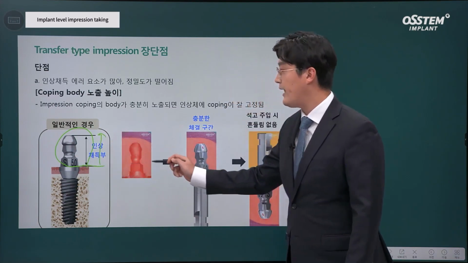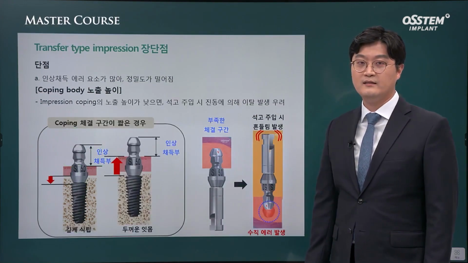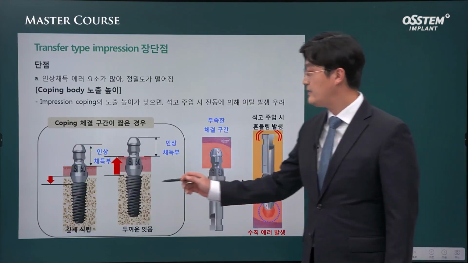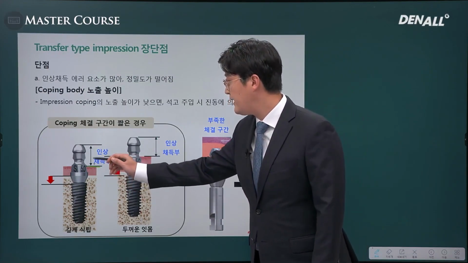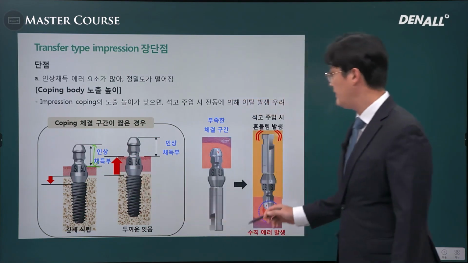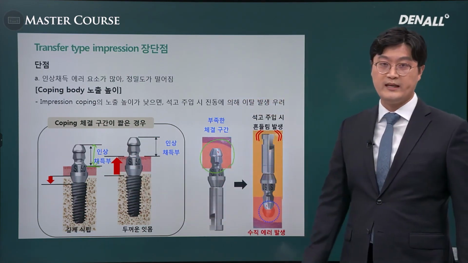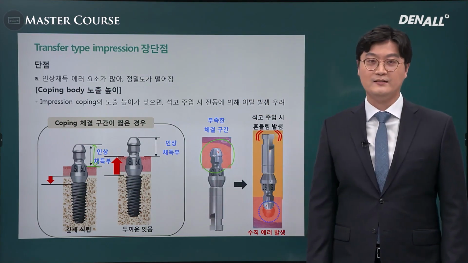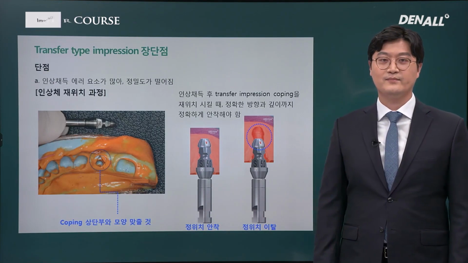At least this portion should be inserted in the impression stably, but with a wrong selection of a transfer impression coping, this portion only is inserted in the impression, not full connection. Then, when gypsum is poured over, the position can be displaced.